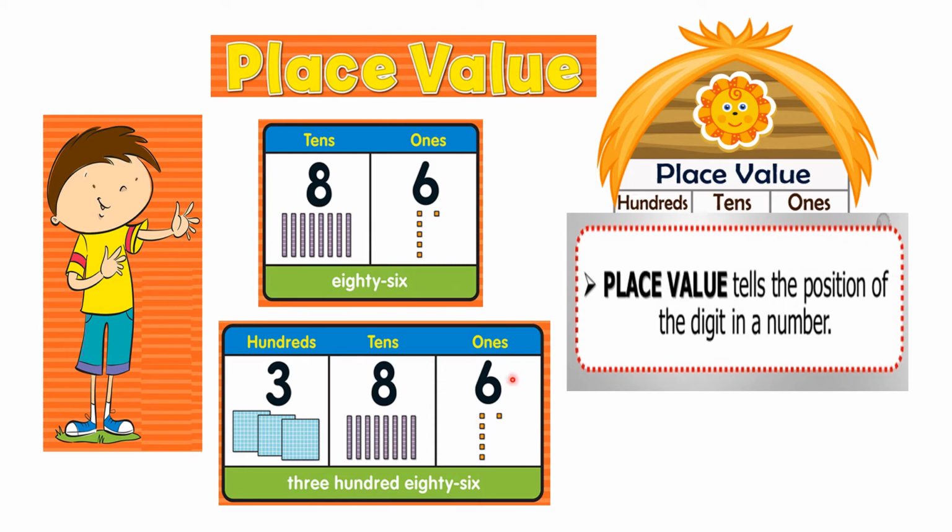That means before writing the number, you should always write HTO, meaning hundreds, tens and ones. If it's a 2-digit number, write TO, that means tens and ones. So when we write the place values, by looking at that, we can write the place value of the given number.